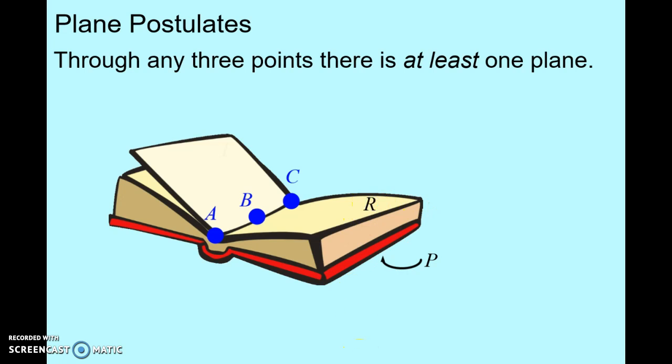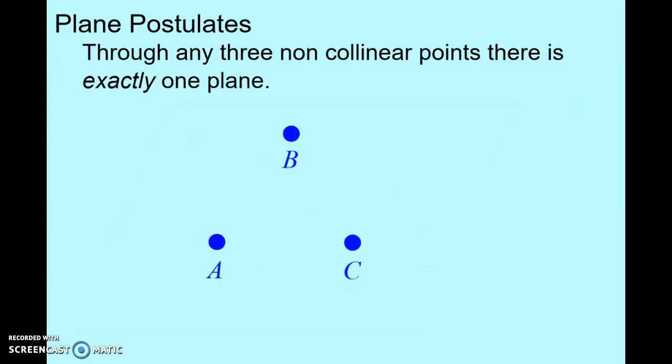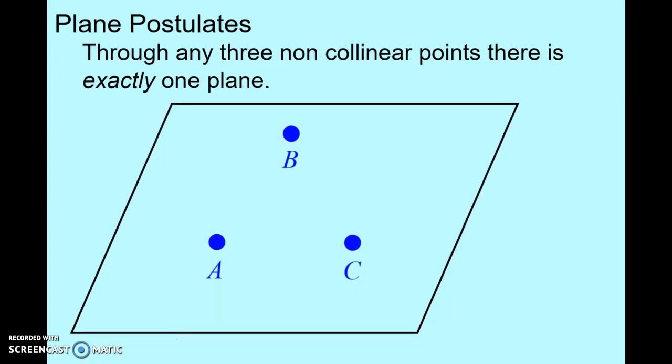It's also on plane R. It's also on plane T. So there's at least one plane that will contain those 3 points. But if I have non-collinear points, there is one and only one plane that will contain all 3 of those points.